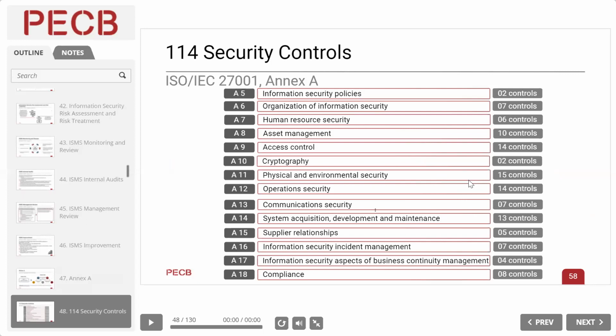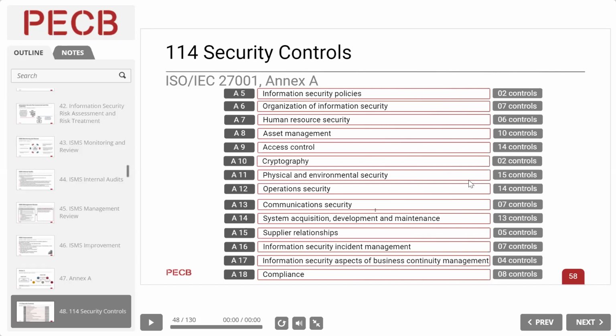So these are what we call the domains, which the Annex A covers, and which the 27002 covers in detail. You can just go and buy the 27002 for details of all these domains and the controls.